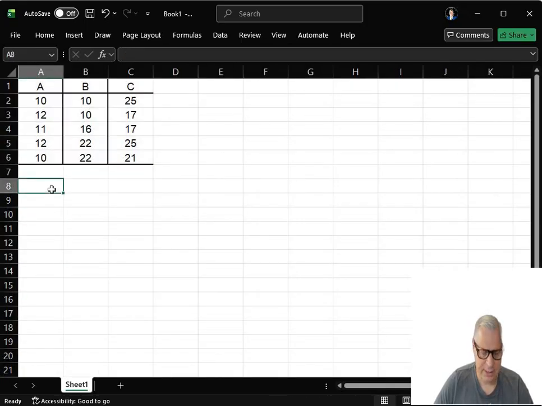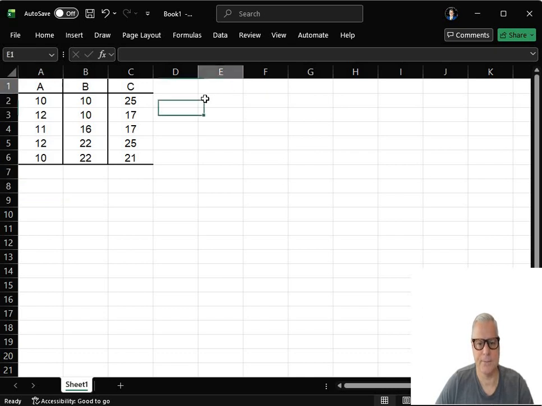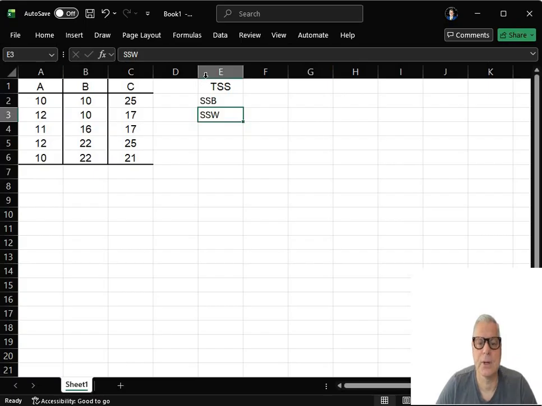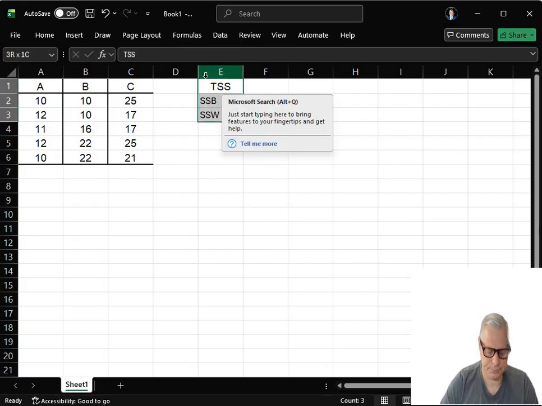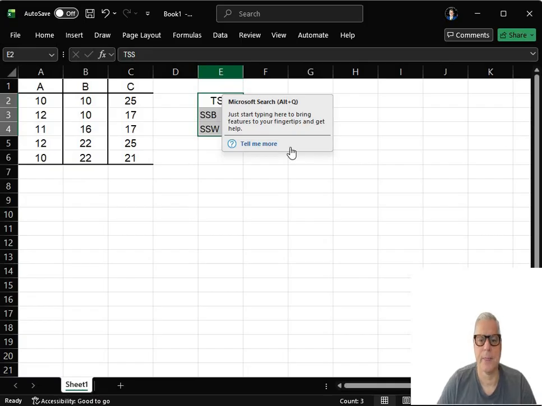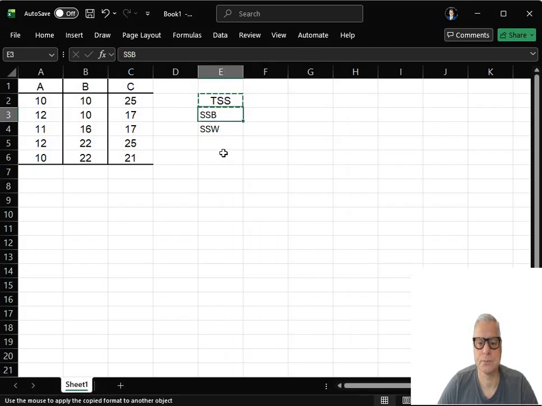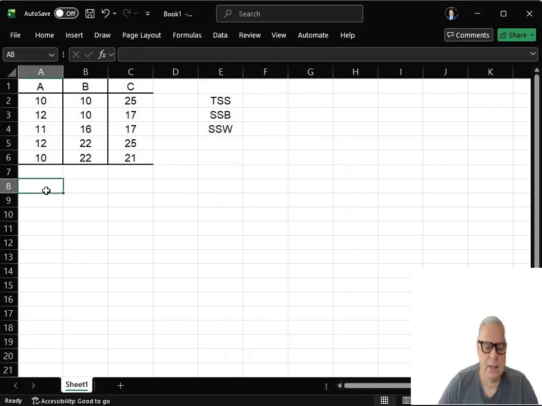Okay, so what we need is the total sum of squares. We need the sum of squares between and the sum of squares within. And so the total sum of squares is equal to... So first what we need is the grand average of all the observations.